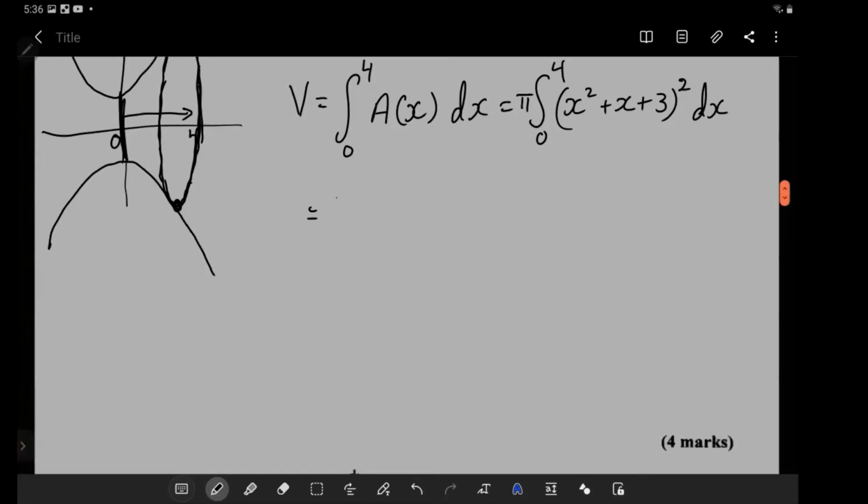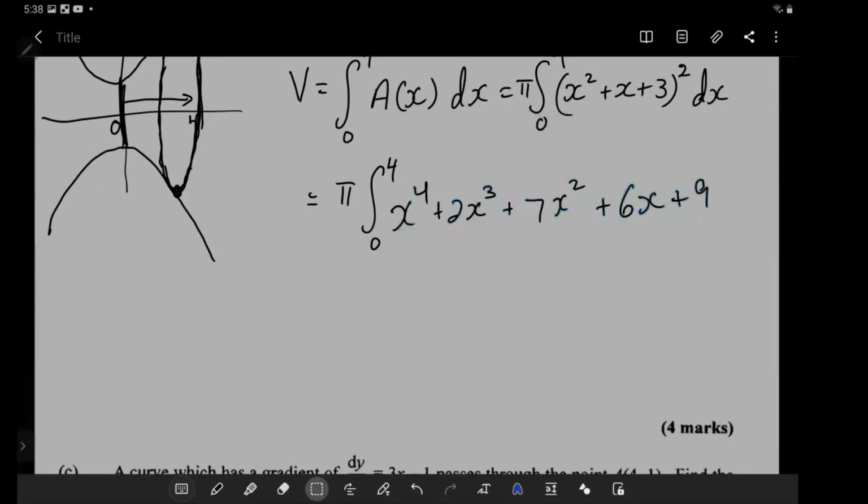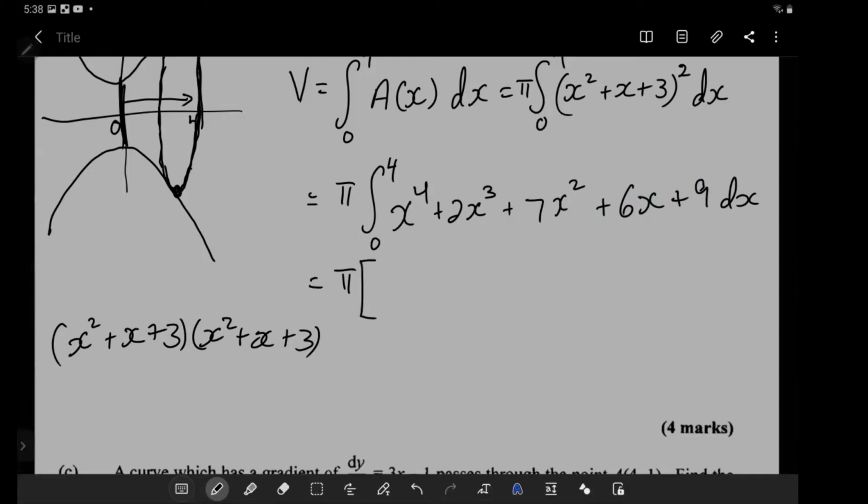So what do we get? Right, I'll just write what we get. Okay, so this is what we get when we expand it out. So you can expand it out on the side, right? x squared plus x plus 3 by x squared plus x plus 3, if you need to do that. And we would get, after integrating, we have the pi out in front still, open brackets, add 1 to the power and divide by the new power.